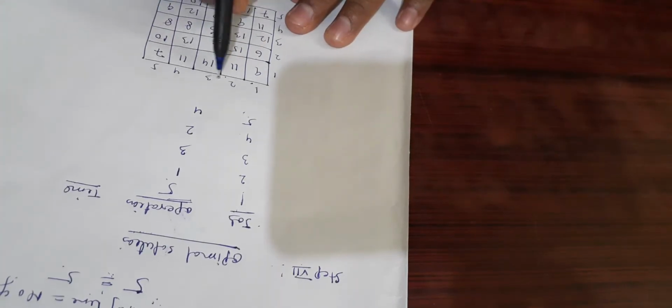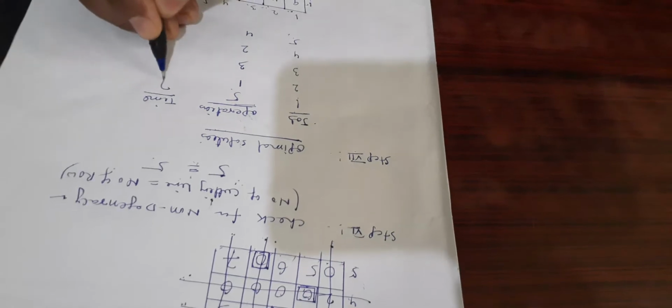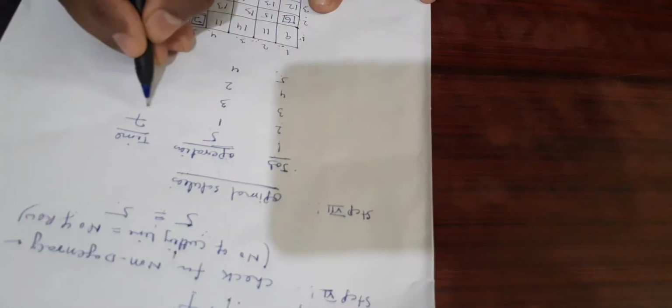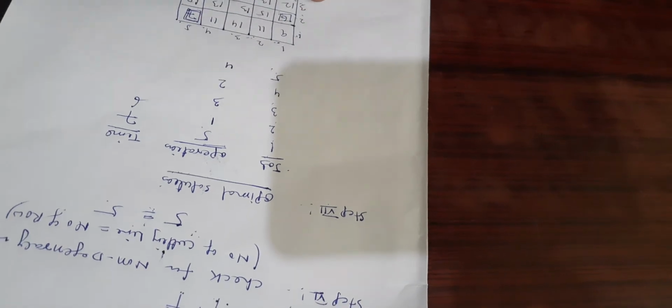Now see the time. Here we have to write the question, operations 1, 2, 3, 4, 5 and jobs 1, 2, 3, 4, 5. We have to copy the question here. So job 1, operation 5 is 7, write 7. Next, second job, operation 1 is 6.